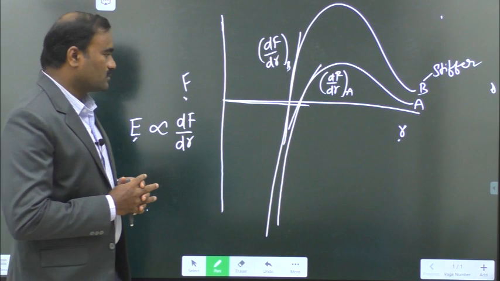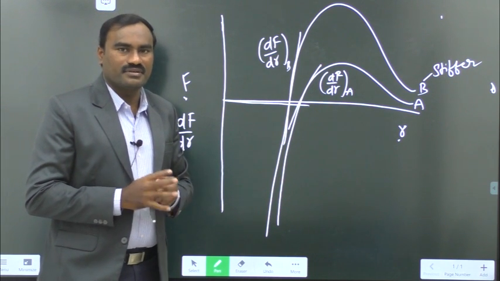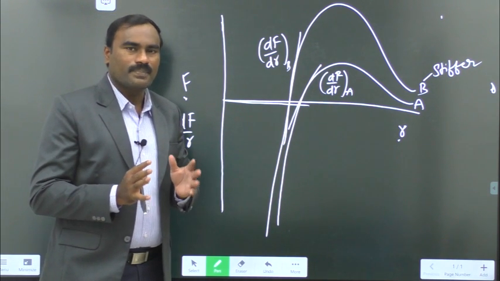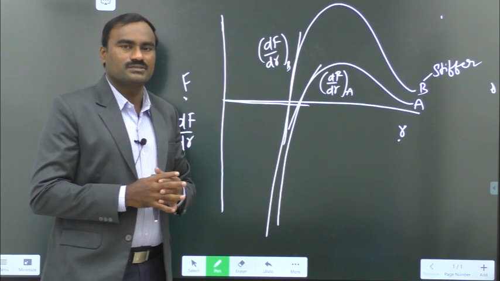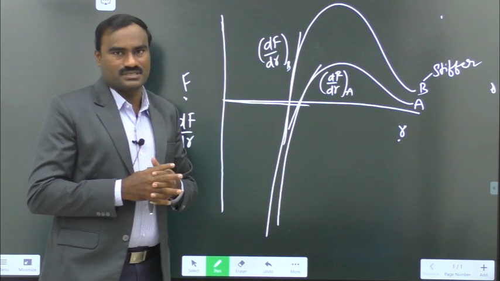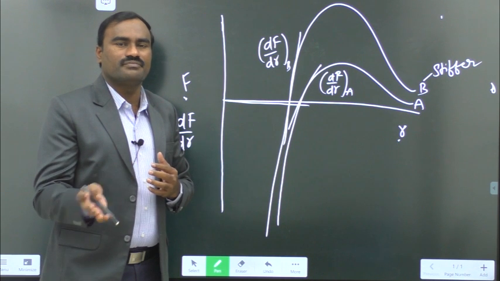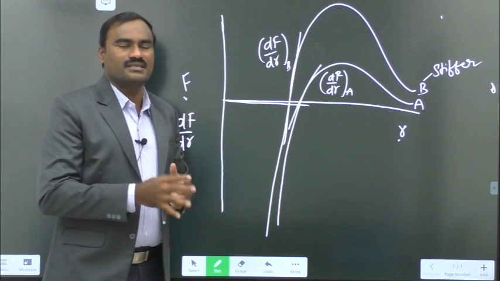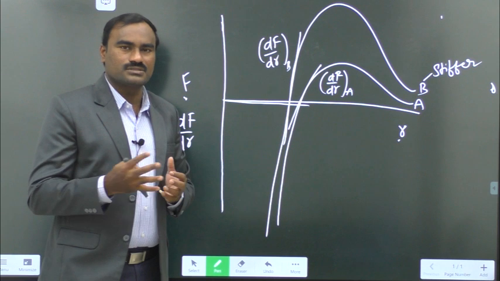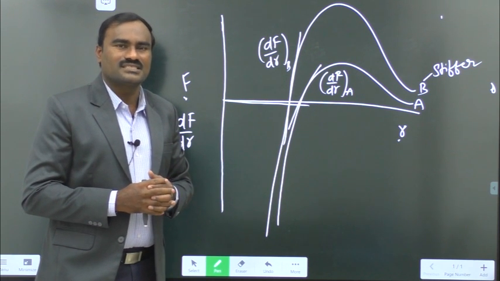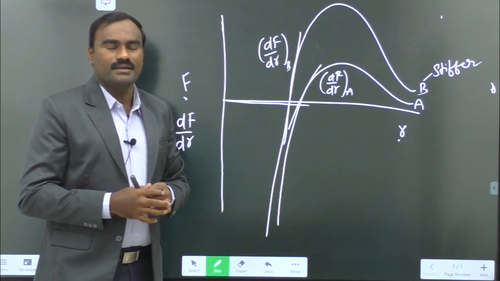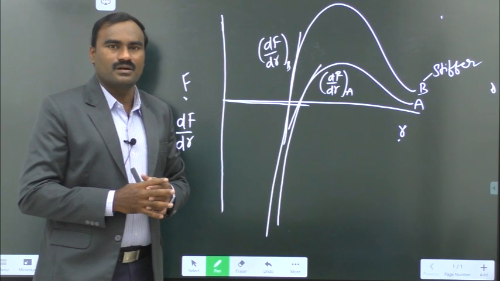So this is about the stress strain curve of different materials within the elastic limit, and we have also seen elastic deformation. That means the moment you remove the force, the material gets back its original shape. You can also term it elasticity. And we have another one called plasticity.